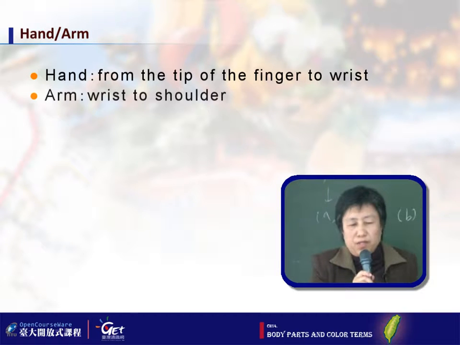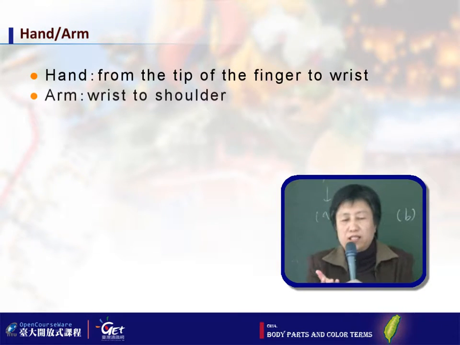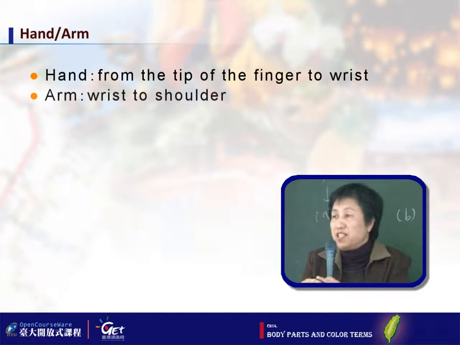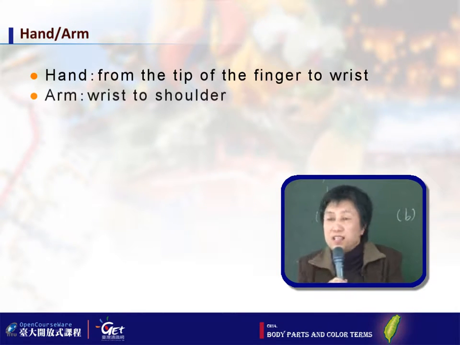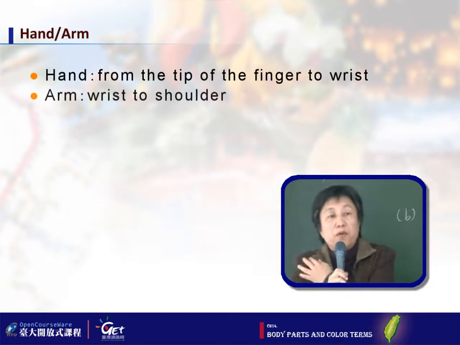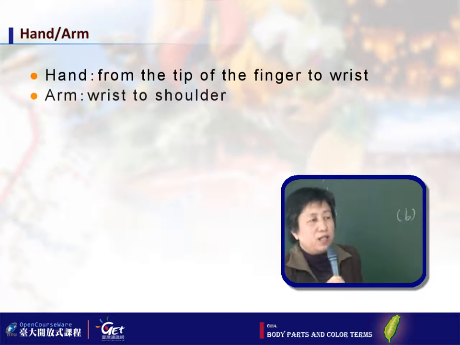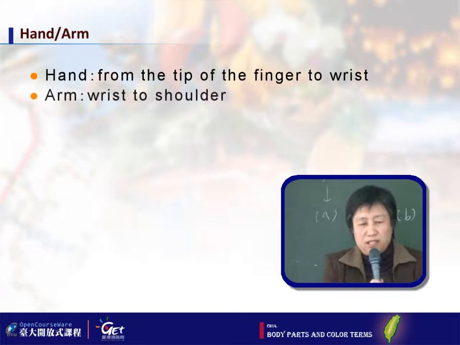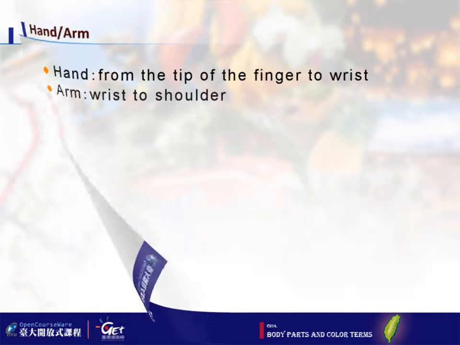So hand refers to the part of your body from the tip of the finger to the wrist. This part is called hand, and then the arm will be from the wrist to the shoulder, the upper part of that. Okay, so that's clear with the definition of hand and arm.